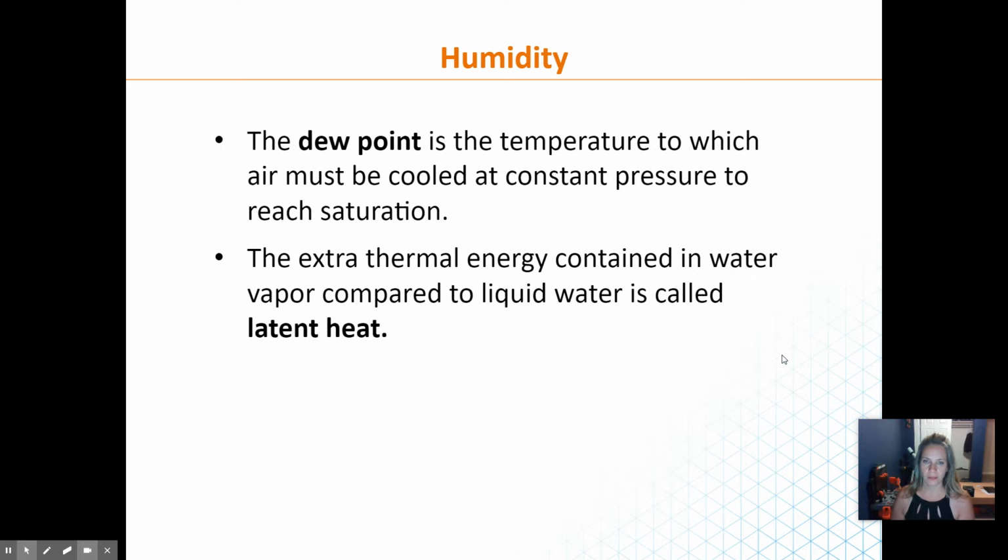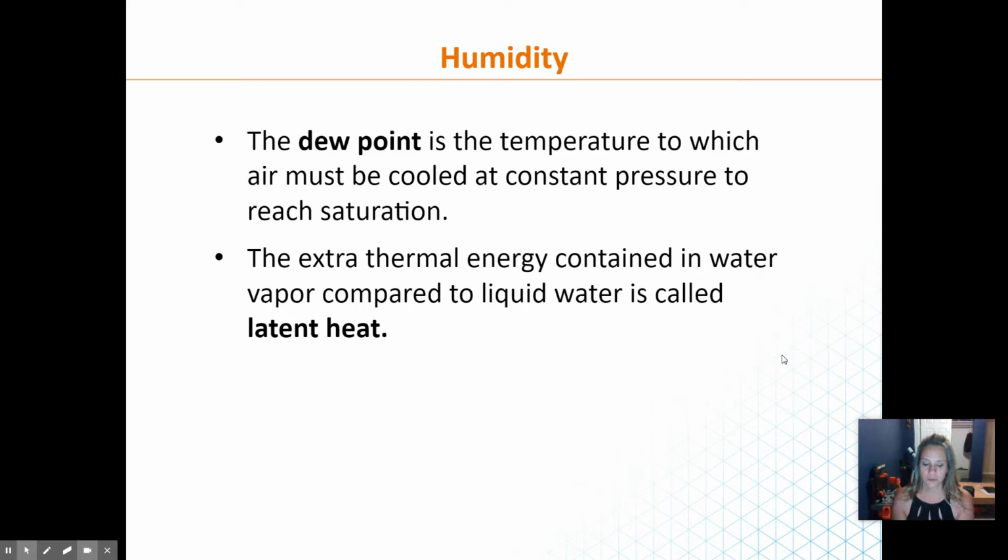All right, and then a couple other vocab words. So dew point is the point at which it will become 100% saturated. The warmer it gets, the more water the air can hold. So as the temperature drops, it can hold less and less water. Let's say that it's 80 degrees and the air might be 50% saturated, so 50% humidity.